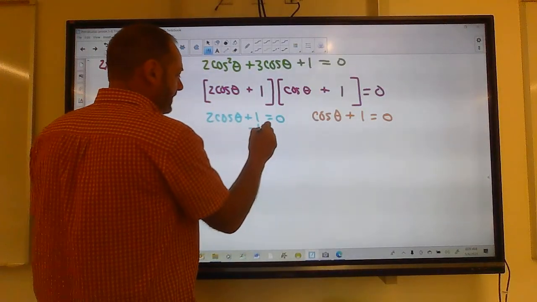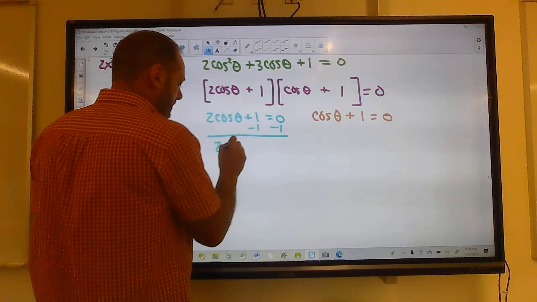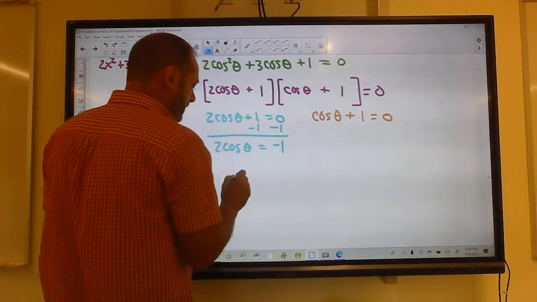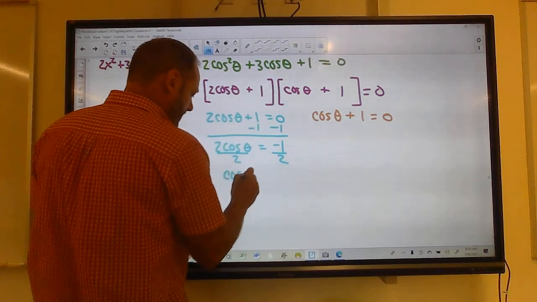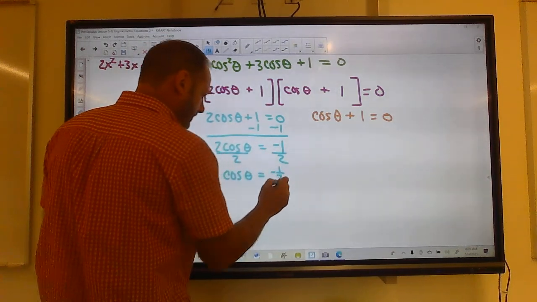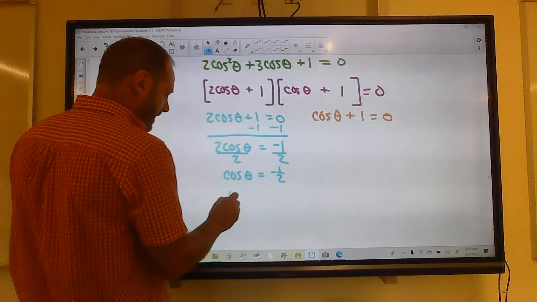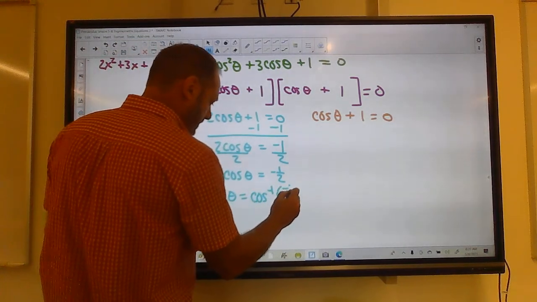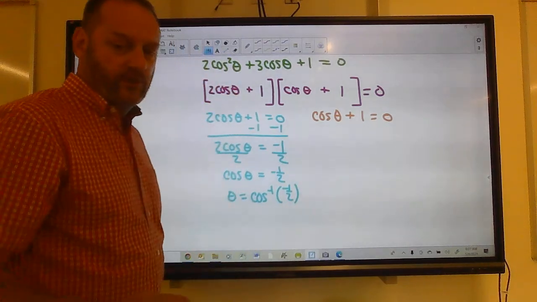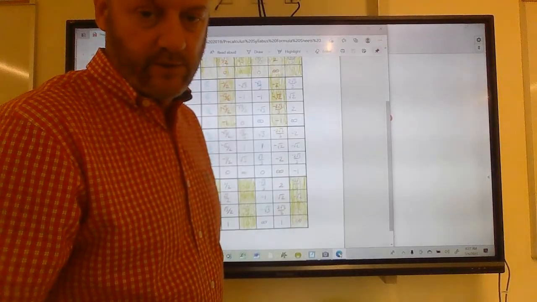Okay, so then we just solve this. 2 cosine theta is negative 1. Divide by 2. Cosine theta is negative 1/2. And then I arc cosine negative 1/2. Consult my chart.